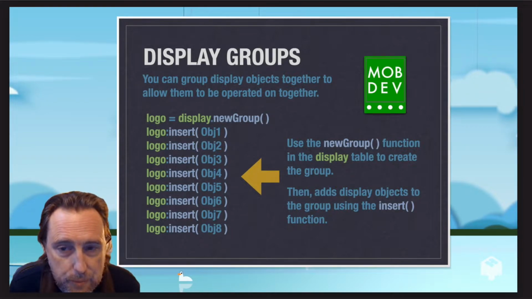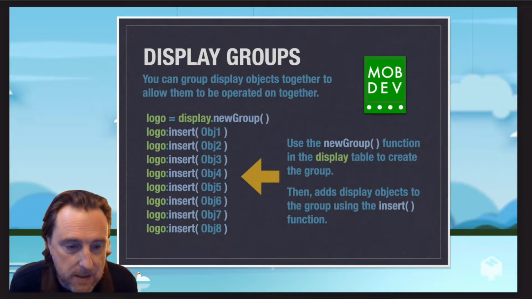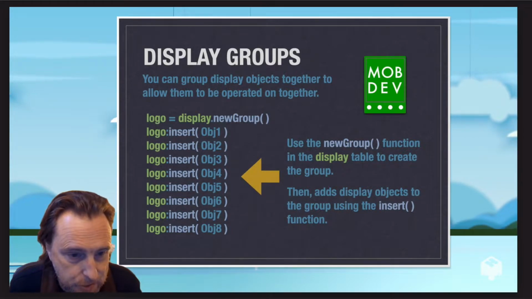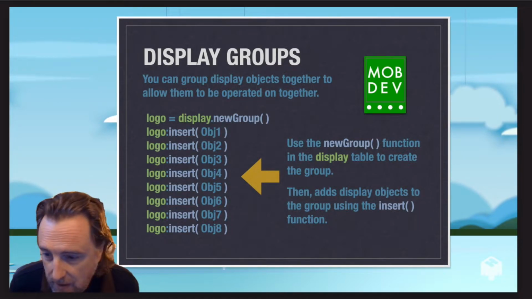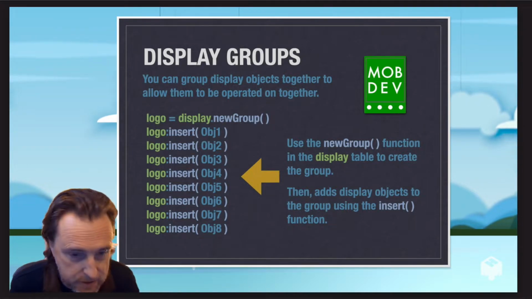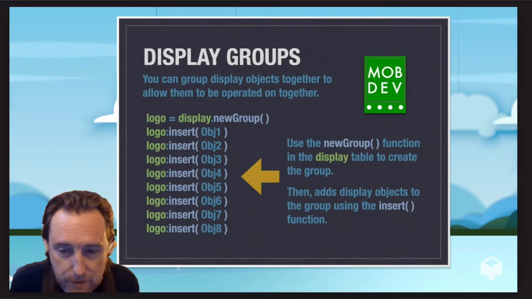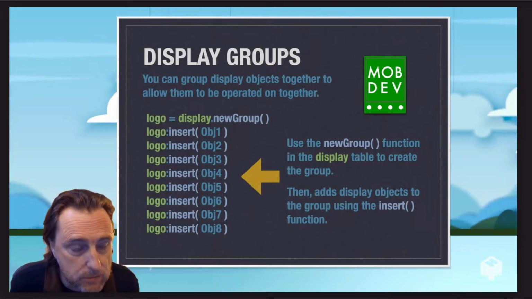So if the logo is made up of these objects I show, object 1 through object 8, then you would use 8 insert calls to add each of those objects one at a time. And you might wonder, well, why would you want to do this? Well, the answer is then we can do stuff in a single line of code, potentially, that affects the entire logo.